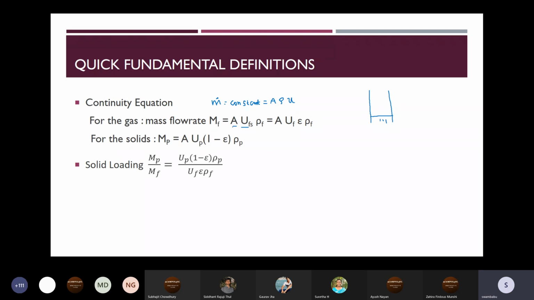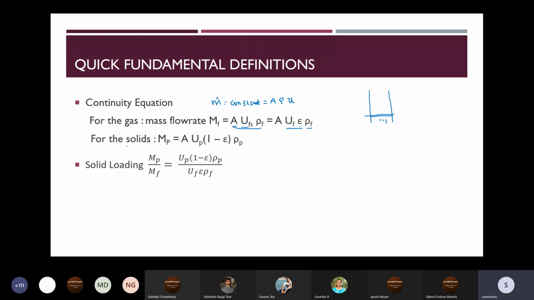So at the entrance, this will be cross-sectional area into velocity into density. Inside, after crossing the distributor plate or supporting plate, where it mixes with the solid particles, the superficial velocity is nothing but the actual velocity into void fraction. So you will have A into actual velocity into void fraction into fluid density.